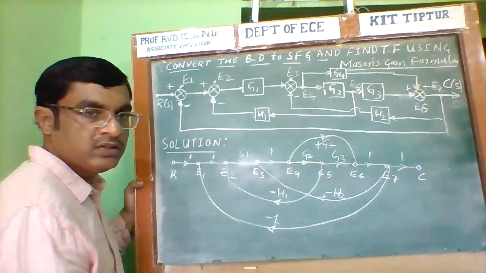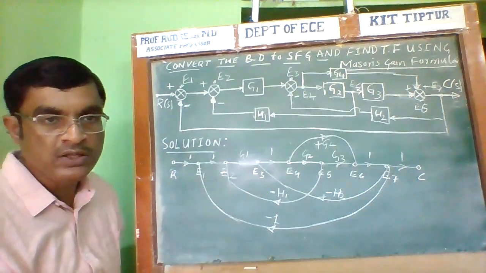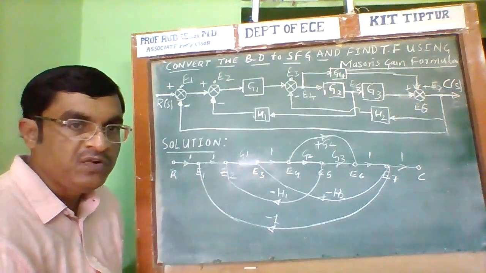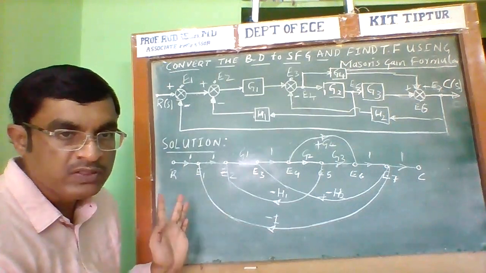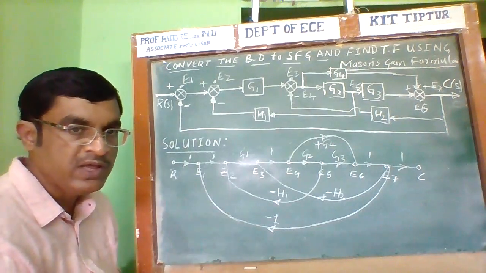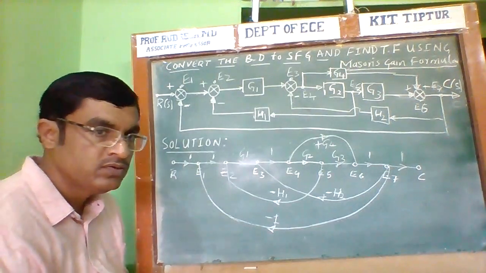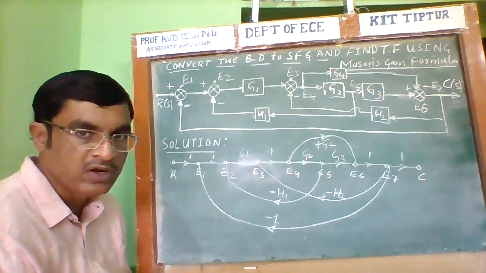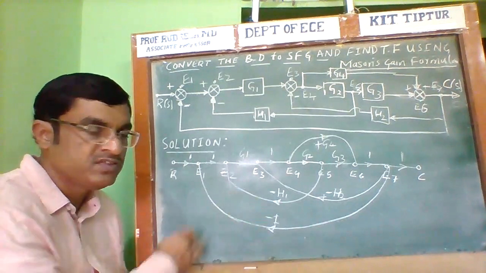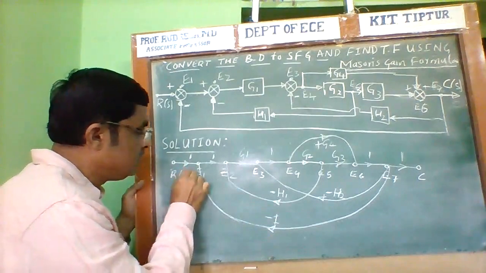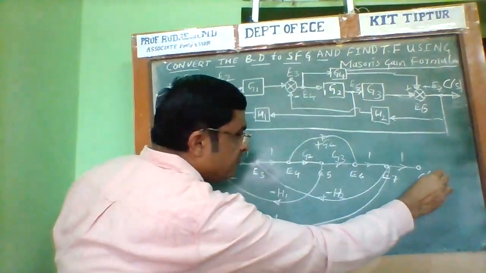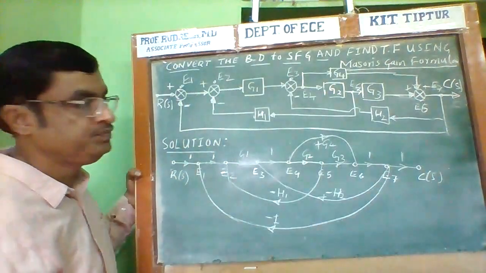So mark the feedback paths along with the signs between the various nodes in the signal flow graph. This is the way of constructing the signal flow graph from the given block diagram.